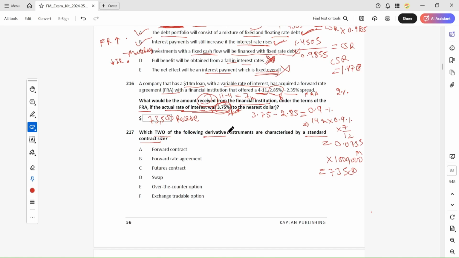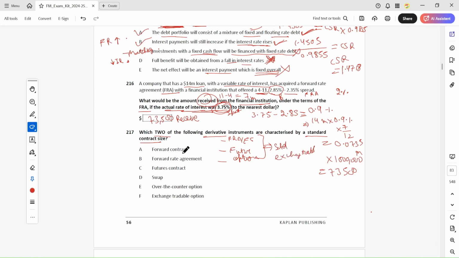Which of the derivatives are forward rate agreement, forward contract in case of foreign currency, futures, option? Futures and options are the standardized contracts, because they are exchange traded.